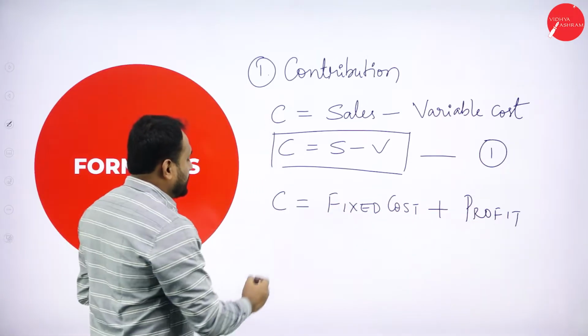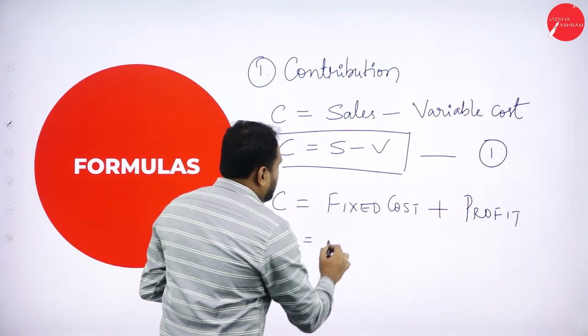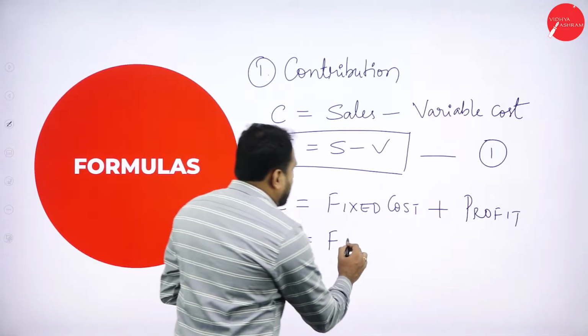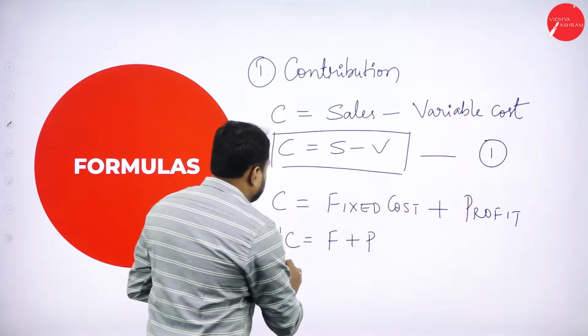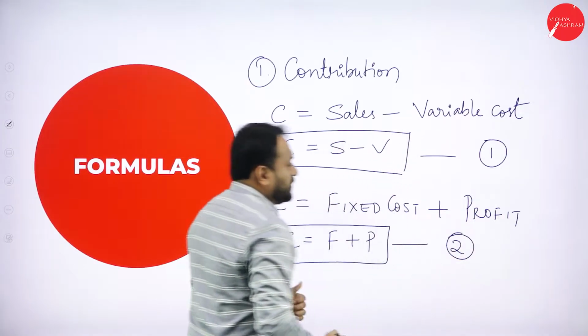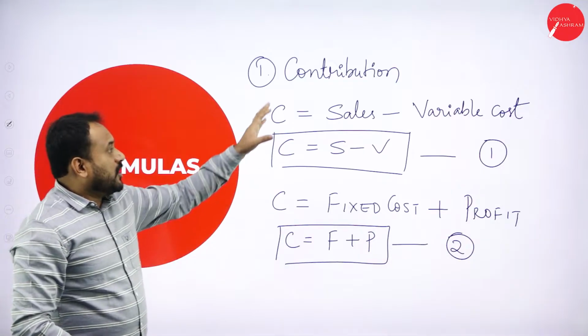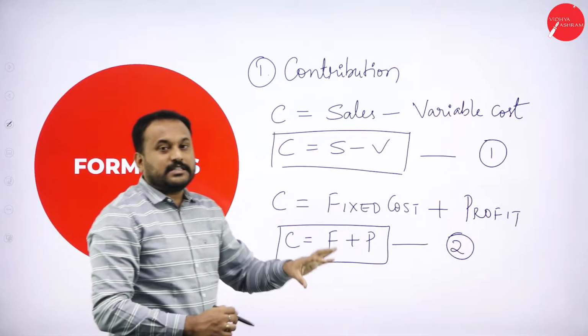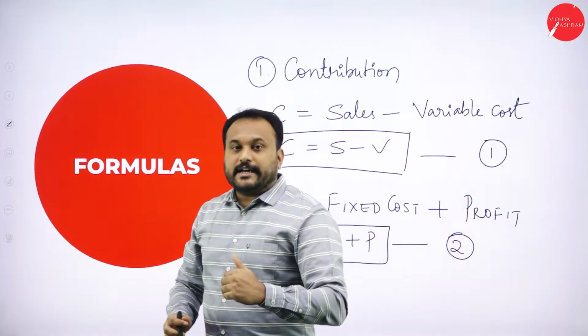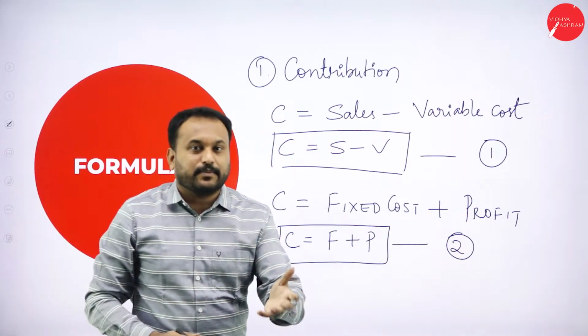Here C is equal to F plus P, where fixed cost is denoted as F and profit is denoted as P. This becomes the second formula. Now understand the formula here. Contribution has two formulas. One is sales minus variable cost. The other is fixed cost plus profit.